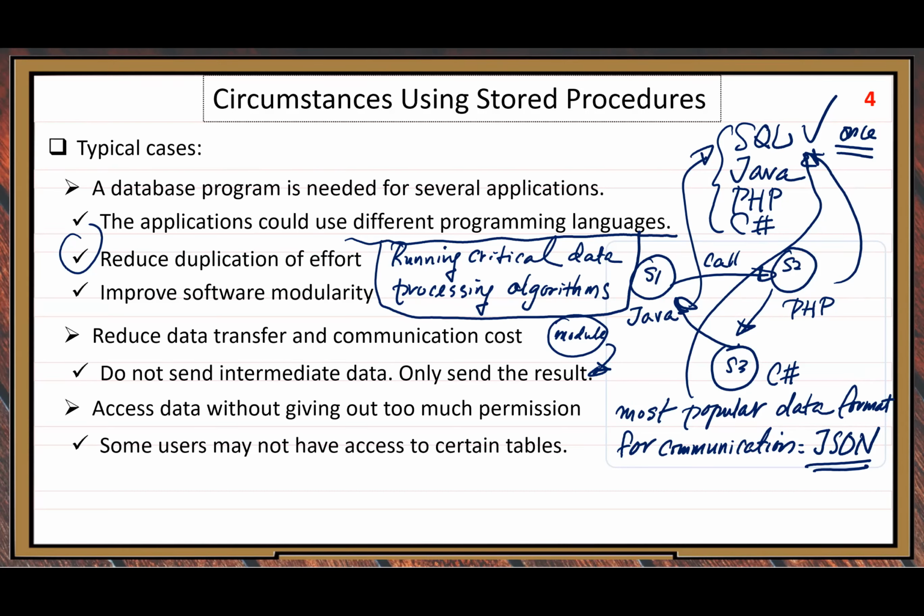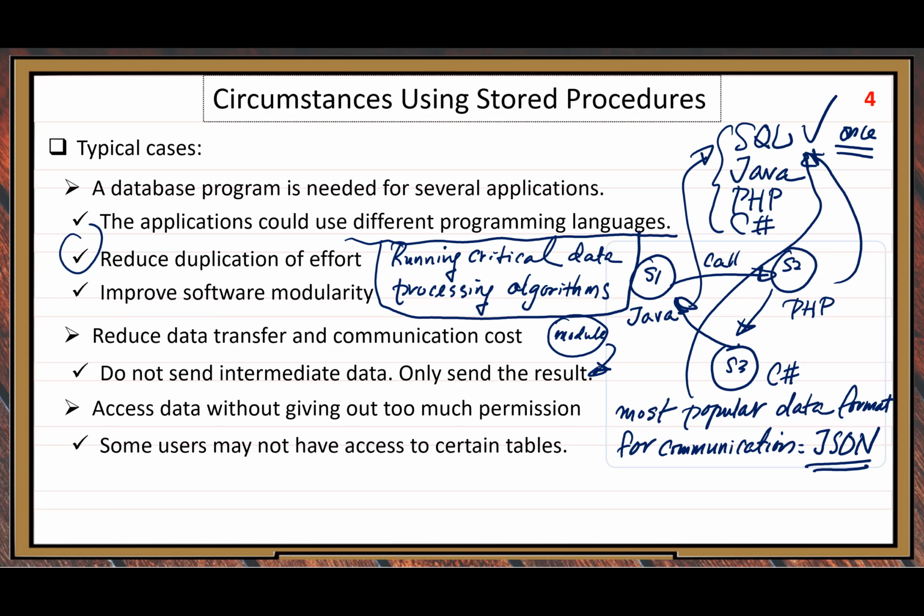Some tables we may need to store secret information for the business. That part of the data should be hidden from general users. Only people at a high level can access that important data. That's normal.